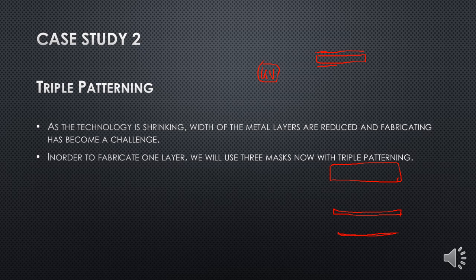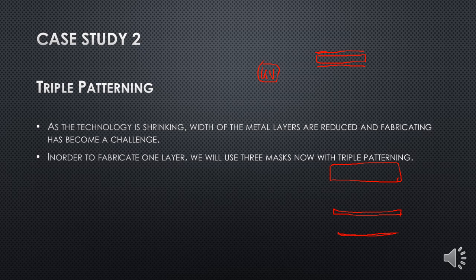Now if the width is reducing, whatever UV light frequency you use, we still have that loss, and because of the property of the light, we cannot fabricate it as expected.